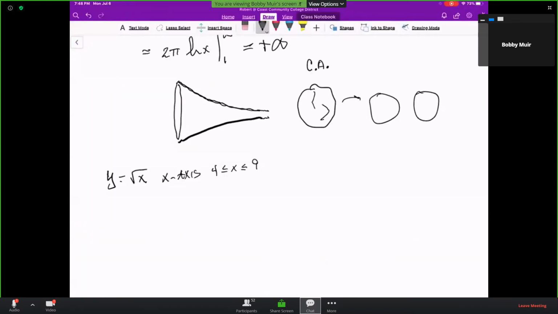I might say approximate this guy by using the trapezoid rule for n equals, I don't know, let's say 4. So for the trapezoid rule, we're going to have a delta x in 4 intervals.